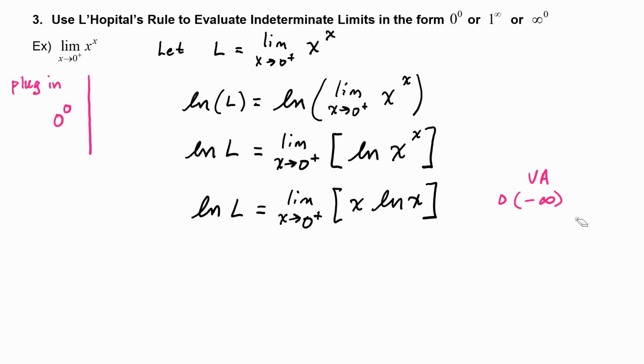Now this is not a form where we can apply L'Hopital's rule yet. So that tells us to try to manipulate this expression in here to see if we can get it into a L'Hopital's form. Now the left-hand side is still natural log of L.